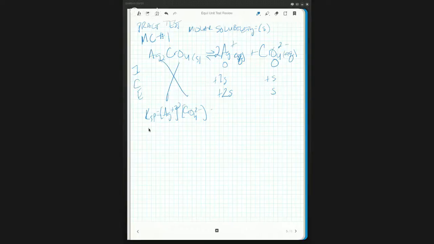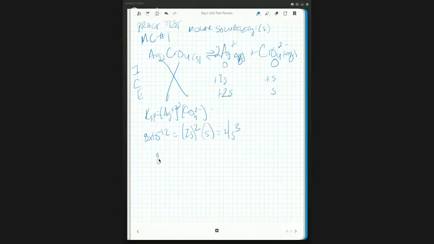So the Ksp is 8 times 10 to the negative 12. 8 times 10 to the negative 12 is equal to, and we said that the Ag plus is 2s, so that's 2s squared times the CrO4 2 minus, which is just s, which is equal to 4s cubed.